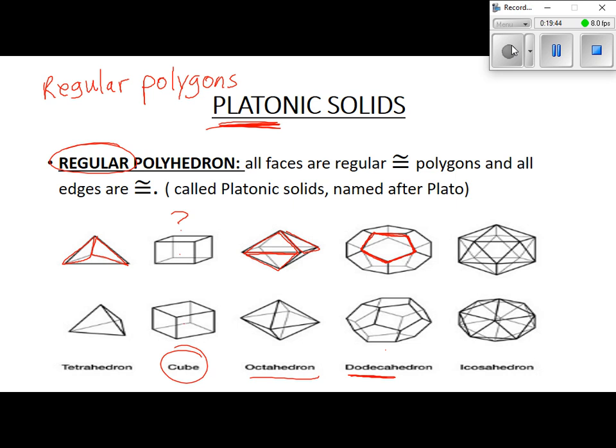On this last one, an icosahedron, sorry, I might not be pronouncing it correctly, has 20 triangles, and all those triangles are regular. So they're equilateral and equal angular. So it has 20 triangles that all look something like that, where all these sides are the same and all these angles are the same. Again, those are platonic solids.